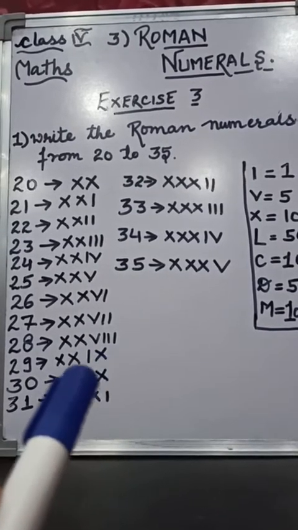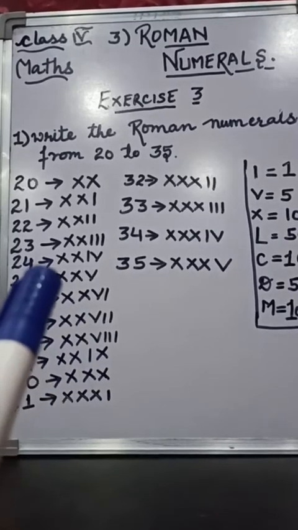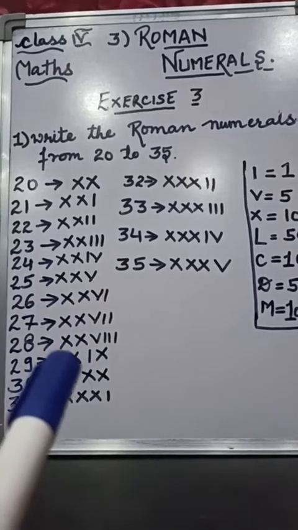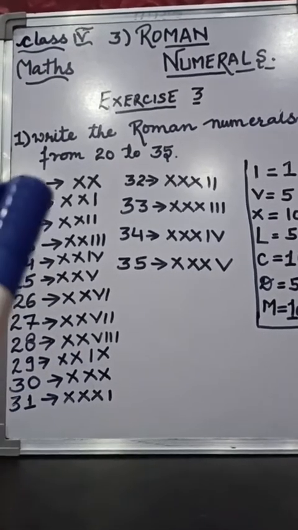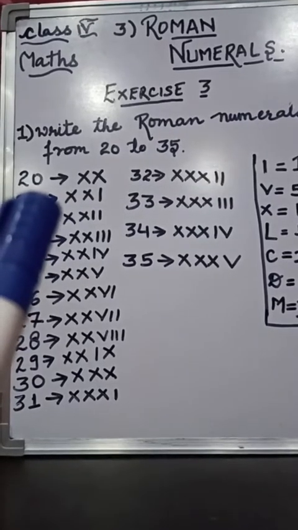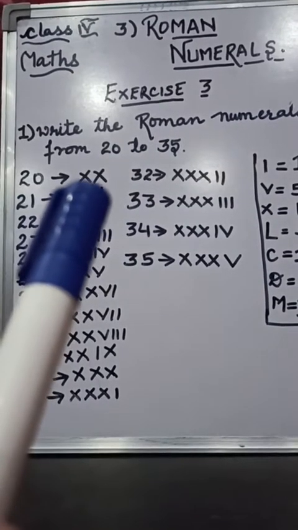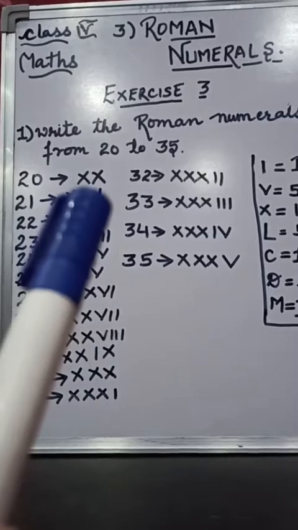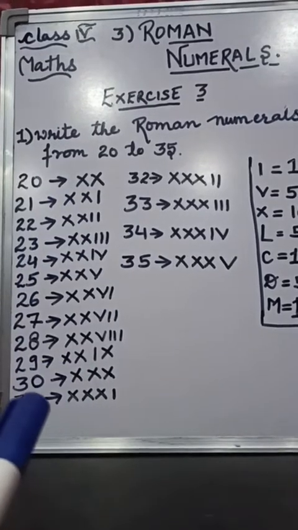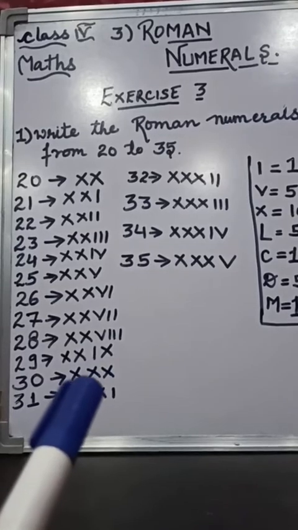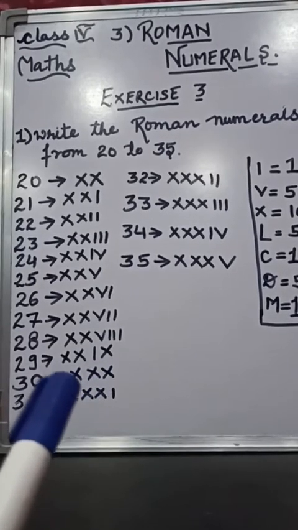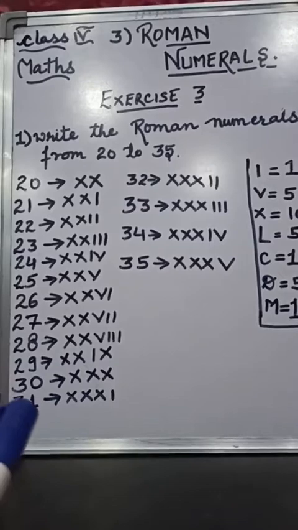X means 10 and I means 1, so X minus I, the same rule 3 as 24 will be applied here also. Now 30. For 20, we have written 2 times X, that is 10 plus 10. So for 30, how many X will be there? Yes, 3 X. X means 10 plus 10 plus 10, 30.